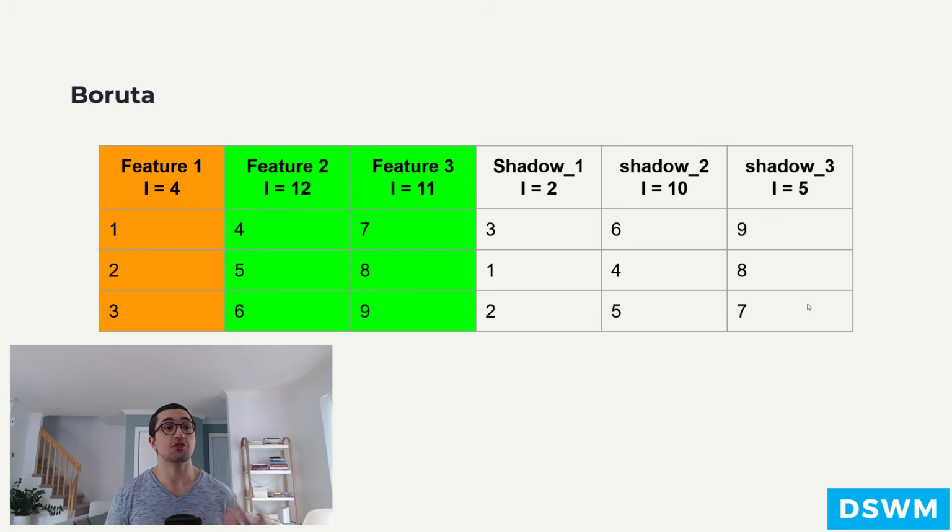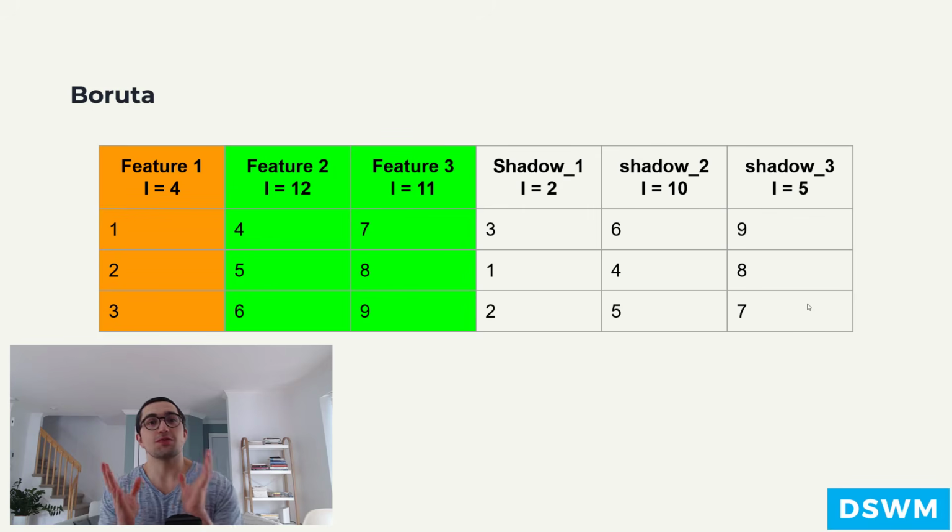So in this case, feature 1 with an importance of 4 is lower than our threshold, so Boruta decides to discard feature 1. But for the case of feature 2 and feature 3, both of their importance is higher than 10, higher than the threshold, and so Boruta decides to keep those features.